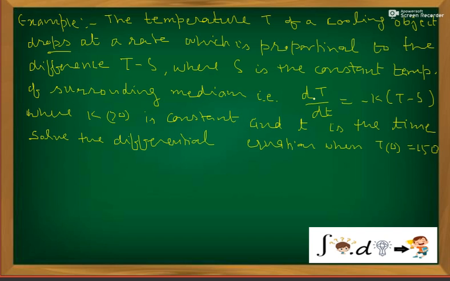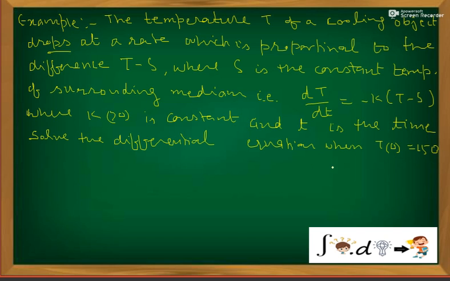That means we have dT by dt is equal to minus K into T minus S, where K greater than 0 is a constant and t is the time. Solve the differential equation when T at 0 is equal to 150.